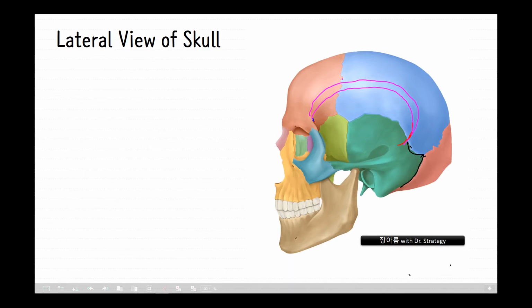The structure I will talk about is the well-known zygomatic arch. The zygomatic arch, sometimes called the cheekbone, is formed by the zygomatic process of the temporal bone and a very short portion, the temporal process of the zygomatic bone.